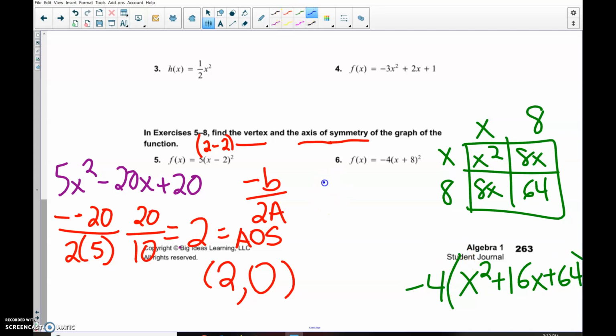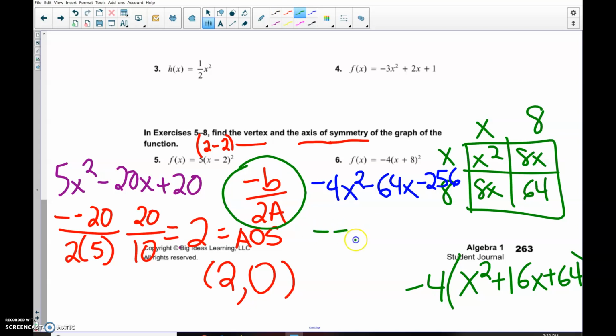So that means I'm left with -4x squared plus 16, not 16 anymore, -4 times 16 is -64. And the -4 times 64 is -256.